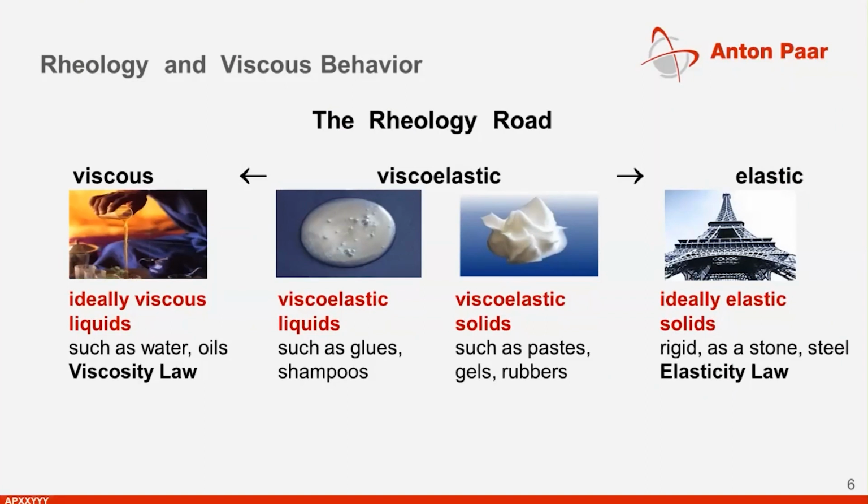On the right side, we can see materials like steel or stone. These materials are called ideal elastic materials. In between, we can find anything else, like paints or coatings. These materials are often viscoelastic liquids. Other samples we can find as viscoelastic solids are, for example, rubber or pastes.